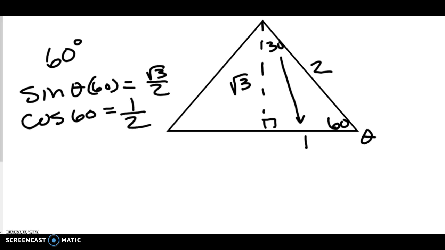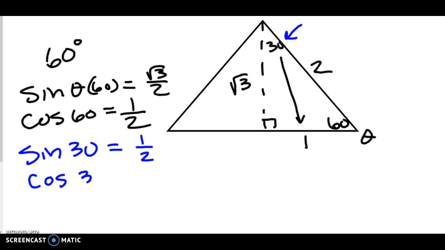And then they wanted us to assess from the other end of things here, from 30, the sine of 30 degrees, the sine of 30, opposite over hypotenuse, and the cosine of 30 is equal to adjacent over hypotenuse.